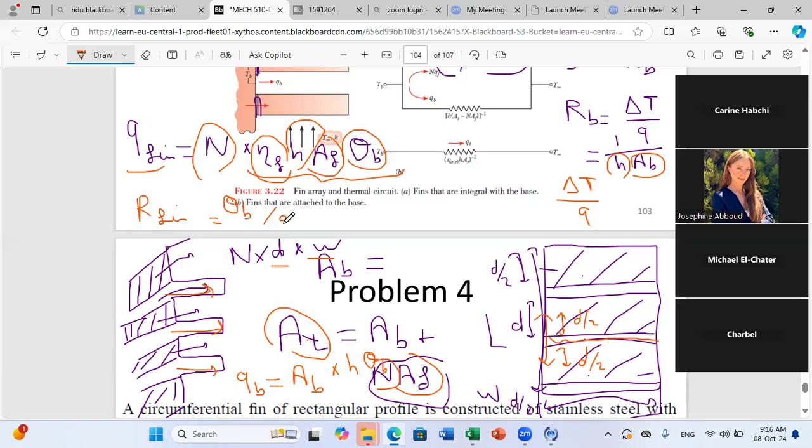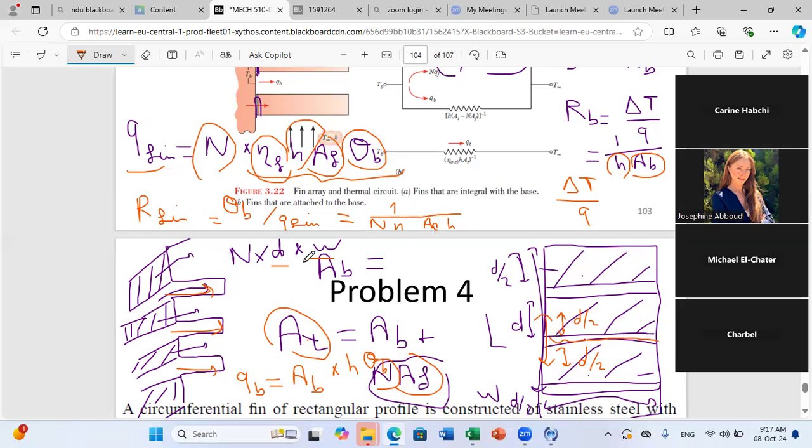So if you divide theta base by Q fin, you will end up with 1 over N times the efficiency of one fin times the frontal area of a fin times H. So this is how you determine the expression of resistances.